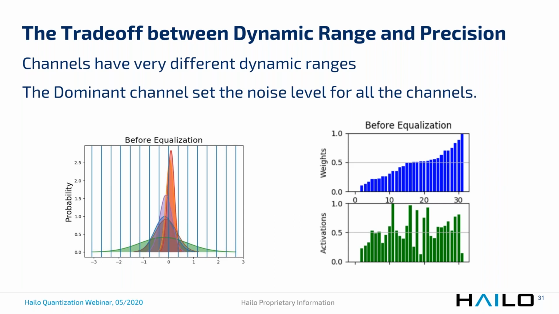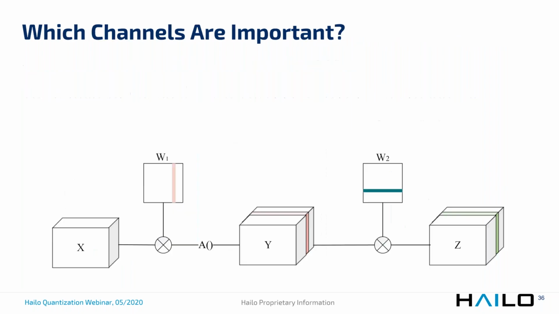In that case, the least dominant channel can't use the 8 bits to represent its full dynamic range, so it's effectively quantized to a lower number of bits. For instance, if the ratio is 16, then we lose 4 bits, and it's quantized to 4 bits.